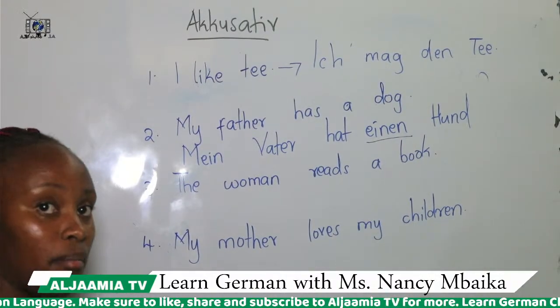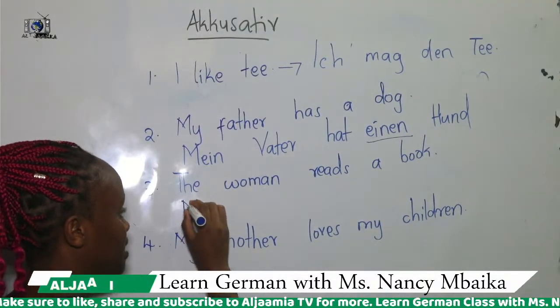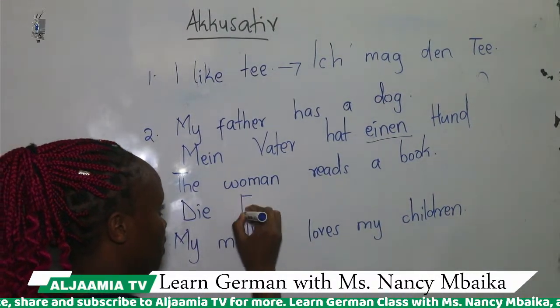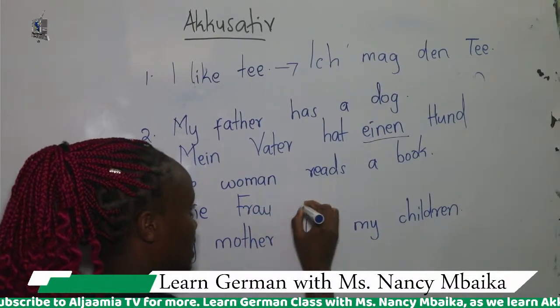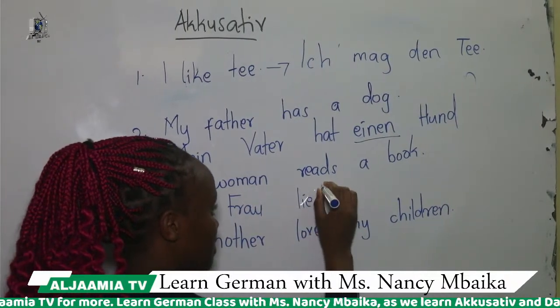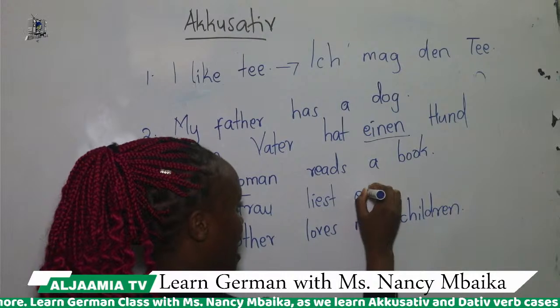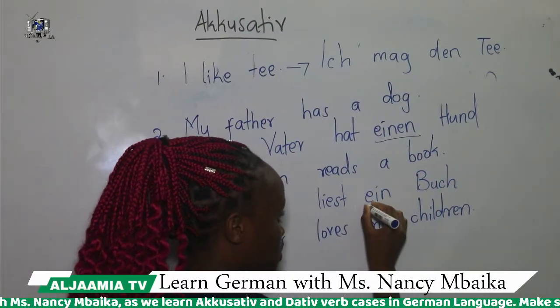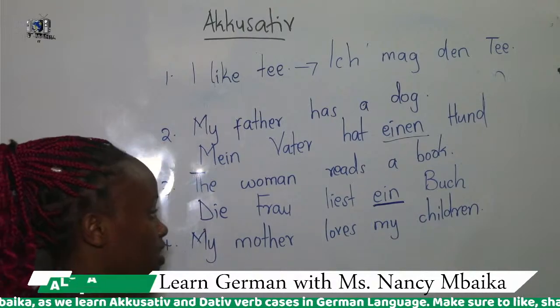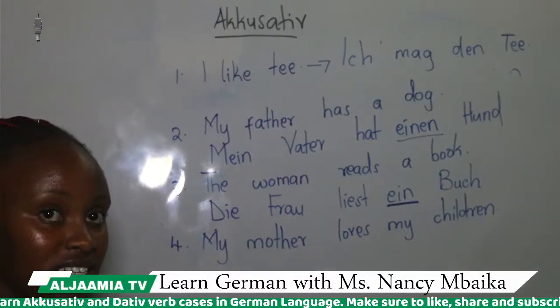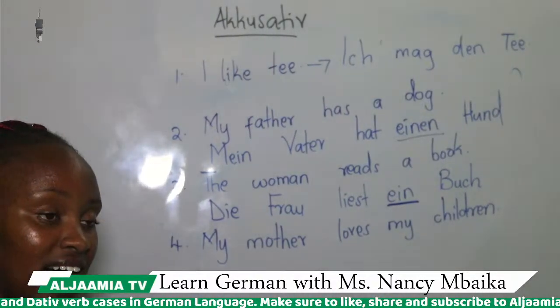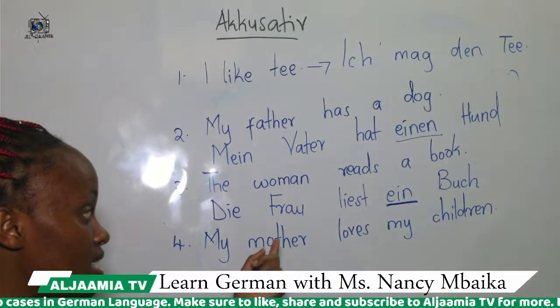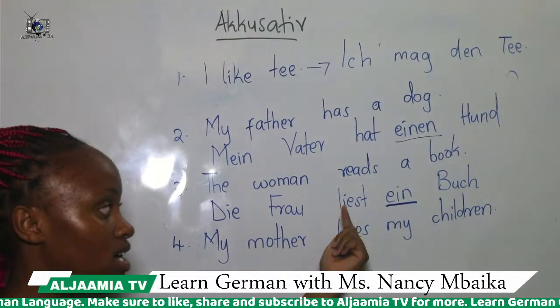So the woman reads a book. It's going to be Die Frau liest ein Buch. So pay attention to that article. What does the woman read? She reads a book. Neutral case does not change, so for ein, it will remain to be ein.